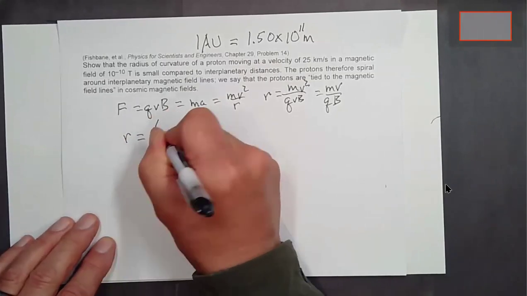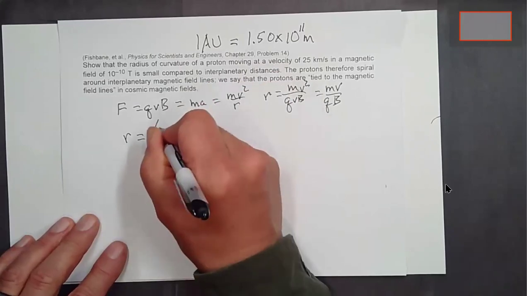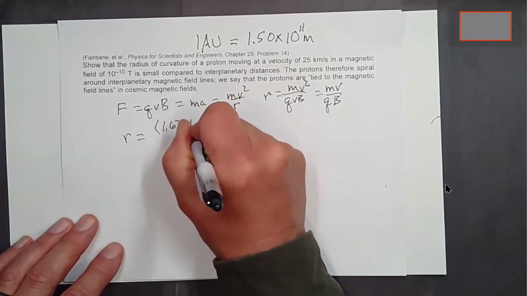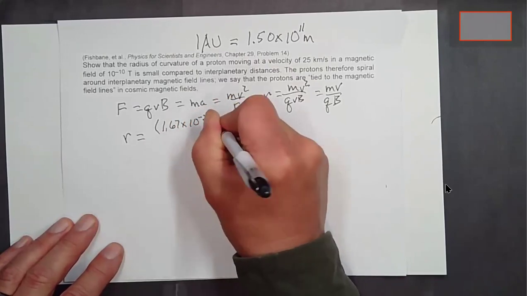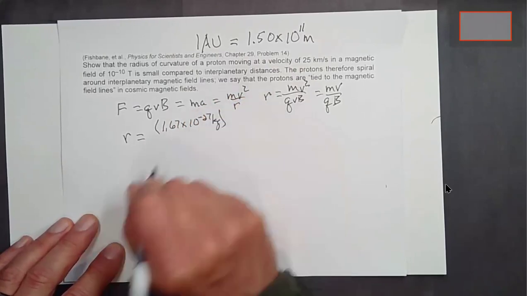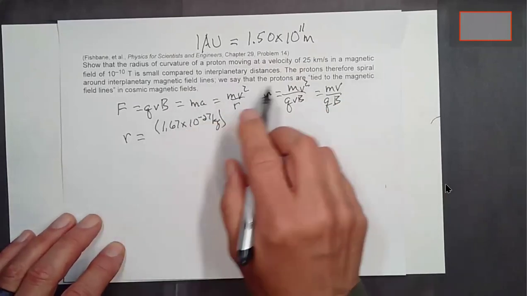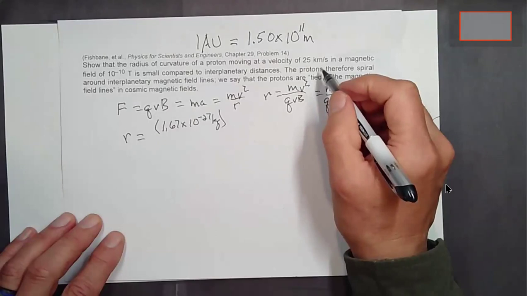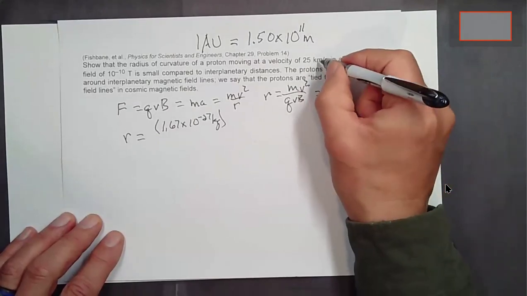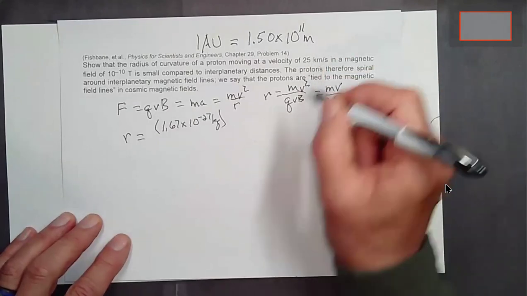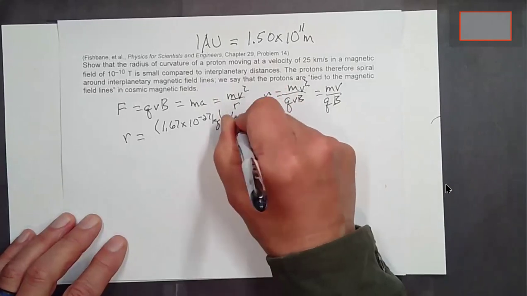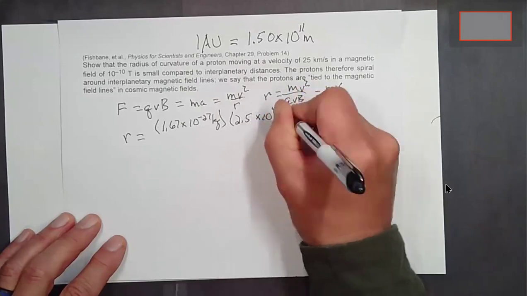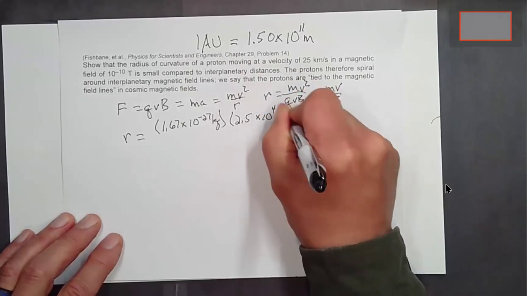And again, this is a proton, so it's got more mass, 1.67 times 10 to the minus 27th kilograms. The speed, 25 kilometers per second, is 25 times 10 to the third meters per second, or 2.5 times 10 to the fourth meters per second.